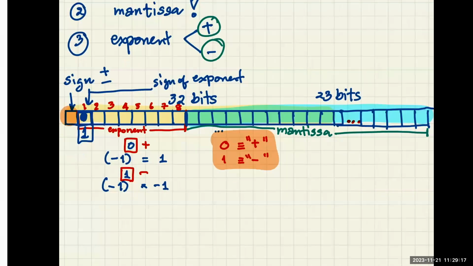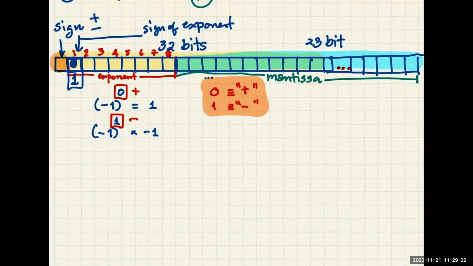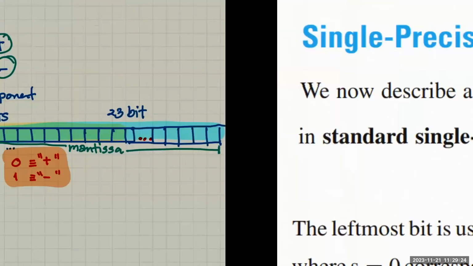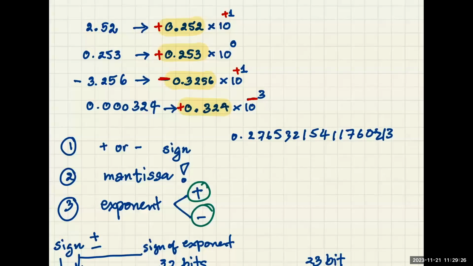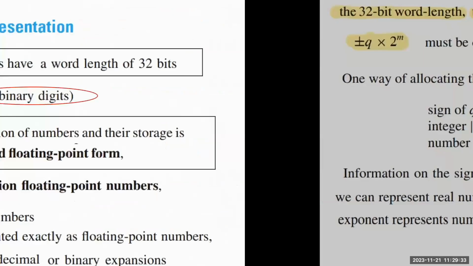Suppose you have a number. Let's see what number we had before.